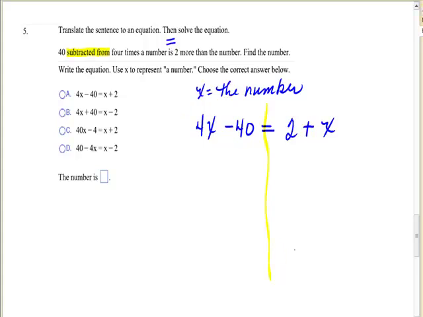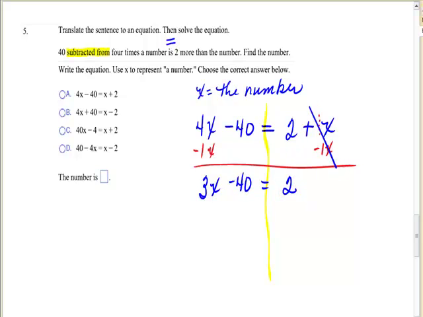Can I simplify on the left? No. Can I simplify on the right? No. All right, do I have variables on both sides? Yes, I do. Get rid of the implied 1x. I choose it because it was the smaller. It's not a rule, it's just what I follow. 4x minus 1x is 3x. Bring down the minus 40, equal sign, 2, and that's gone.